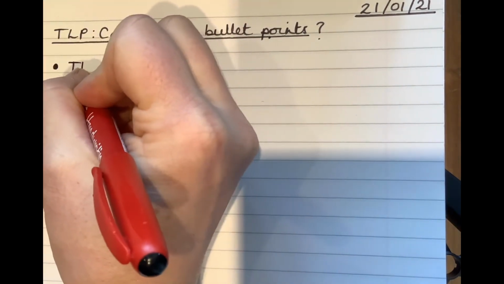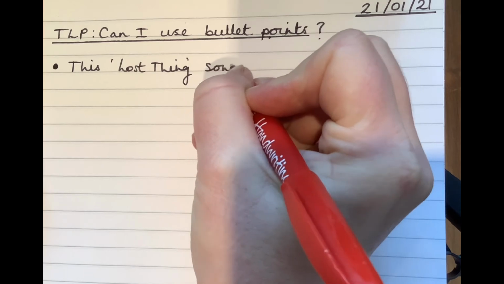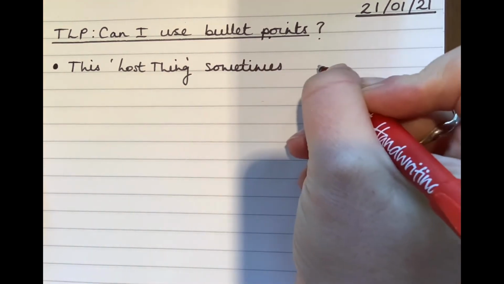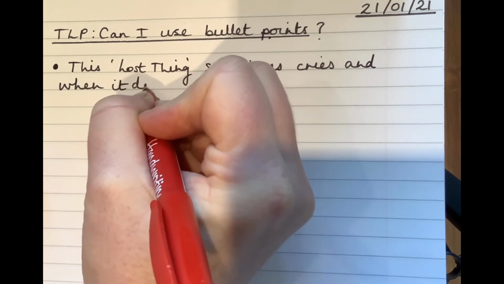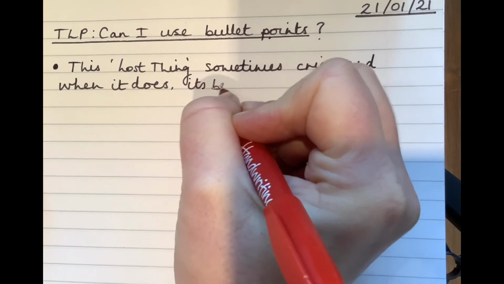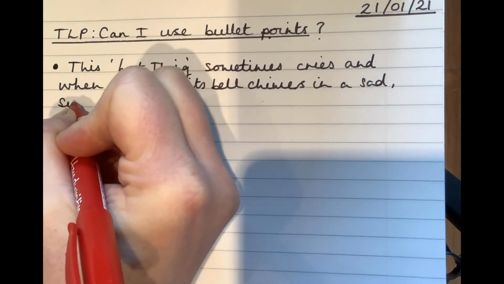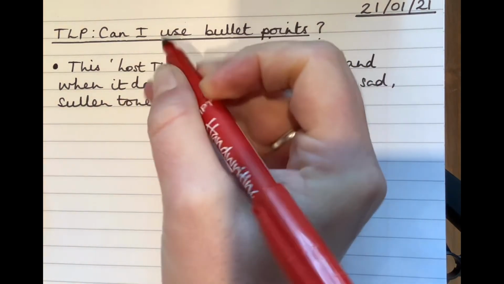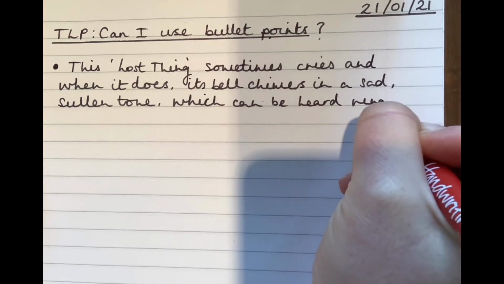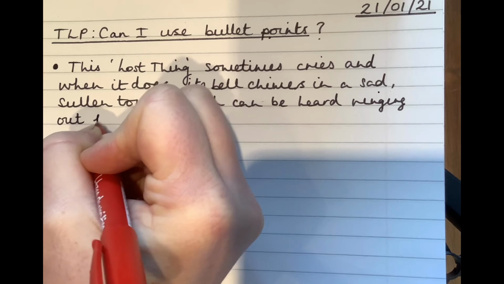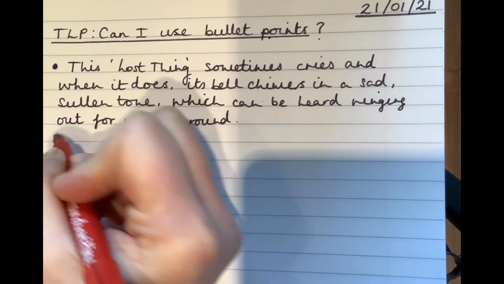So this lost thing sometimes cries, and when it does, its bell chimes in a sad, sullen tone, which can be heard ringing out for miles around. I think that could be useful for getting people to come and cheer it up.